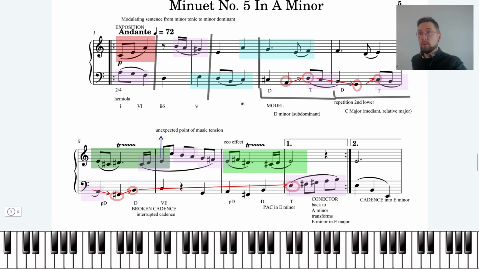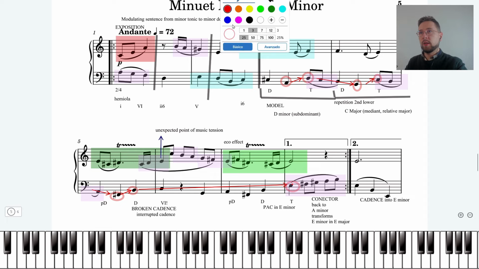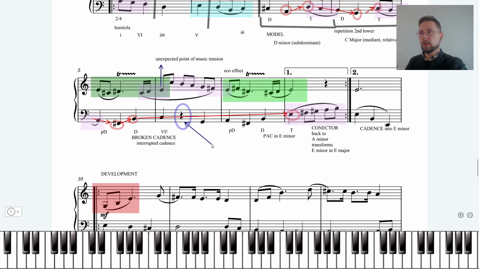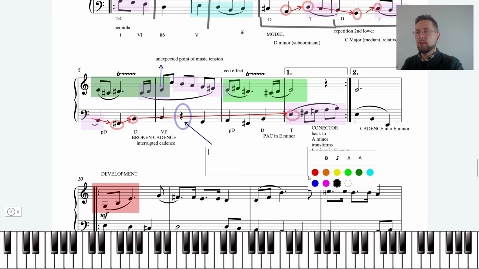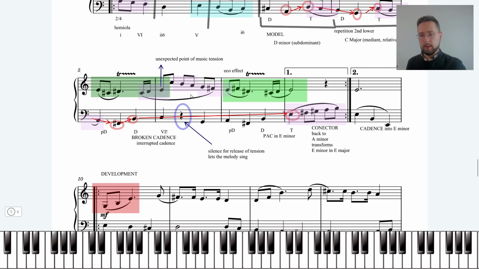Right, also I want to mention that it's very commendable, this presence of silence in the left hand, because that pause is a good example of a silence after a culmination. So it's a silence for release of tension, and at the same time it lets the melody sing a little bit more, because the melody has no accompaniment there.